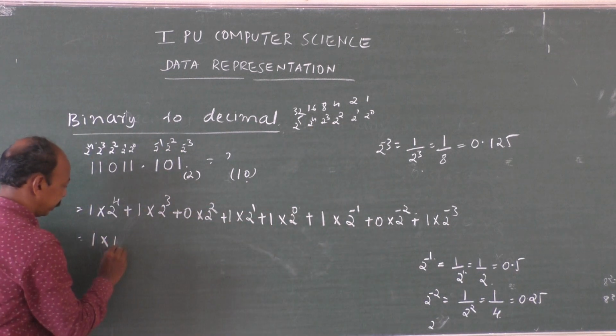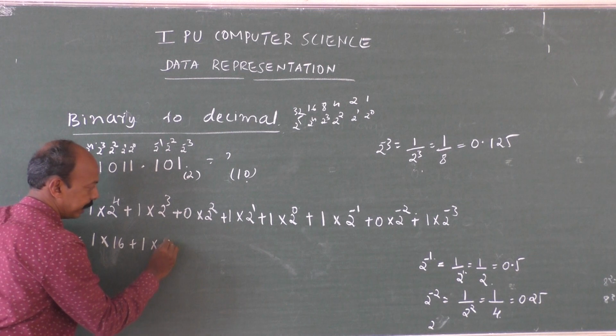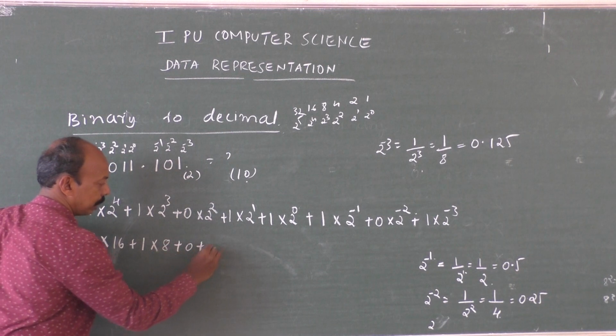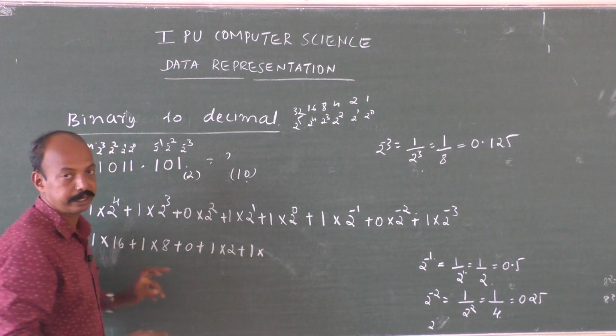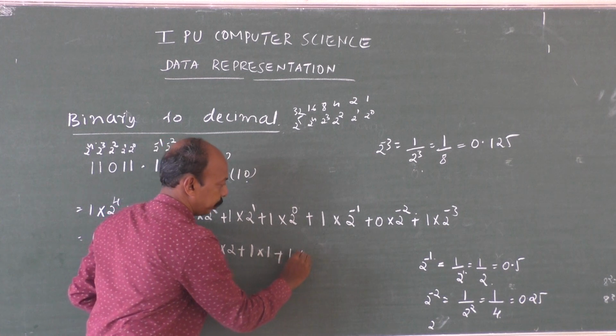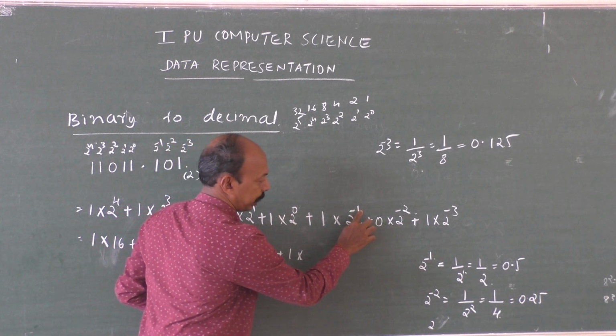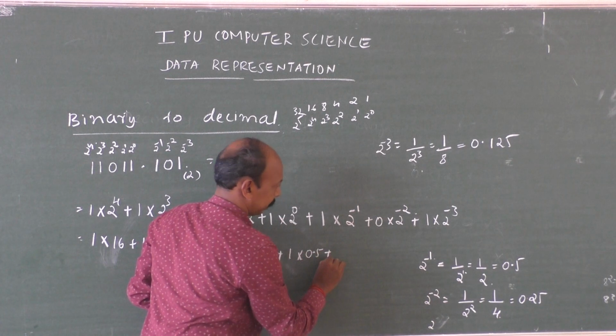So 1 into 16 plus 1 into 2 to the power 3, that's 8, plus 0 plus 1 into 2, plus 1 into 2 to the power 0. Once again, 2 to the power 0 is 1, plus 1 into 2 to the power minus 1 is how much? 0.5 plus 0.